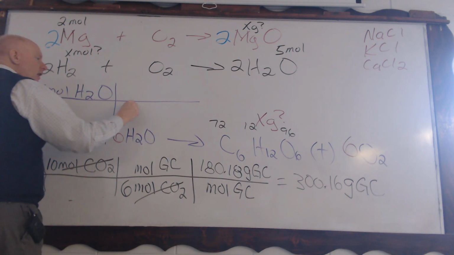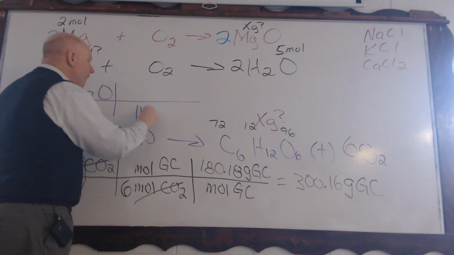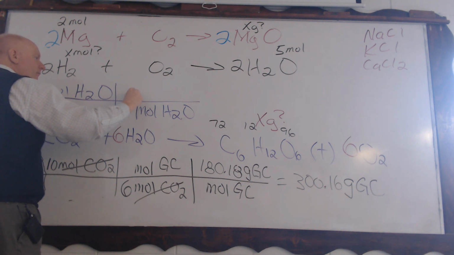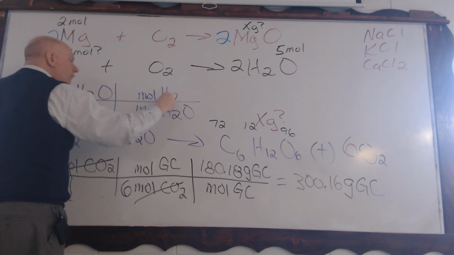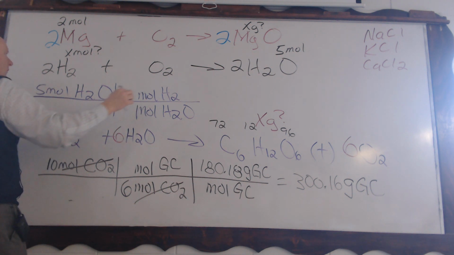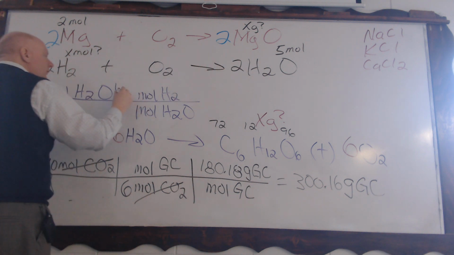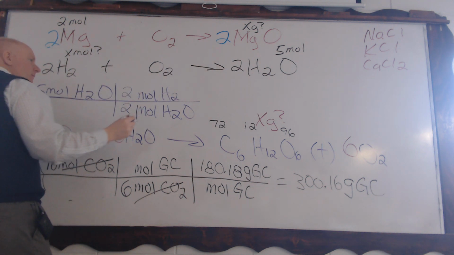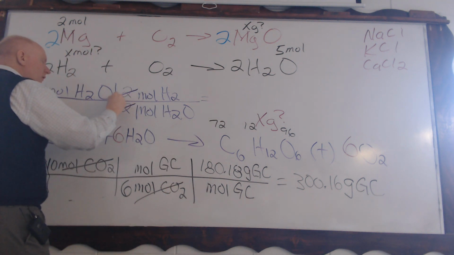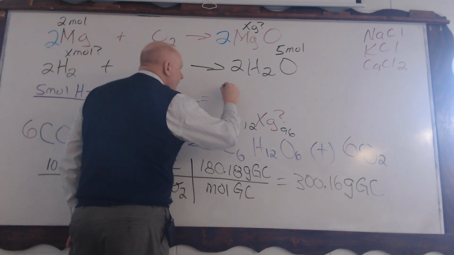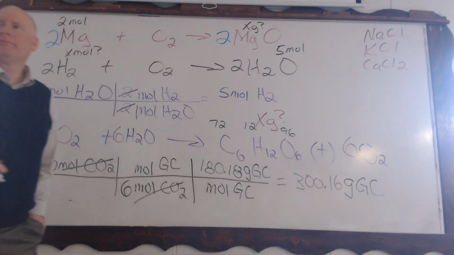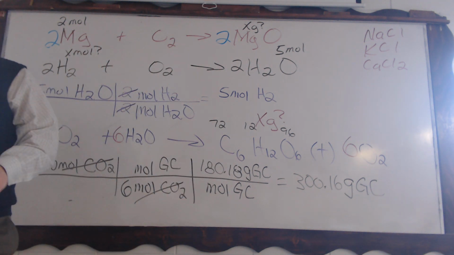And then what would go on top? We've got a mole ratio, so what does that mean? We've got these 2's here. These 2's can just cancel each other out. So 5 times 1: 5 moles of hydrogen. All right, that's all I have. We'll catch up to you next time.